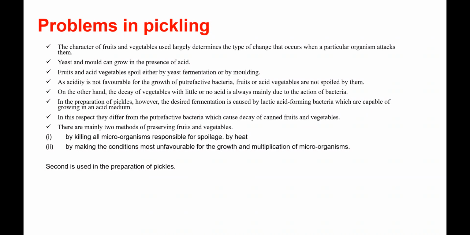Yeast and mold, you all know, can grow even in the presence of acid. Thus fruits and acidic vegetables, like tomato or mango, spoil either by yeast fermentation or by the growth of mold. As acidity is not favorable for the growth of putrefactive bacteria, fruits and vegetables are not generally spoiled by them.